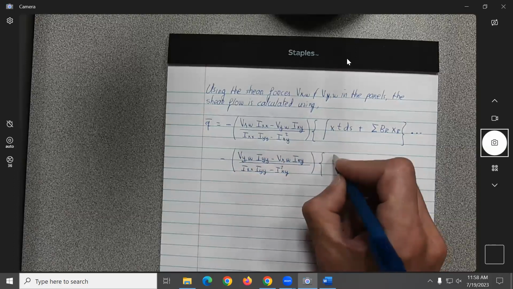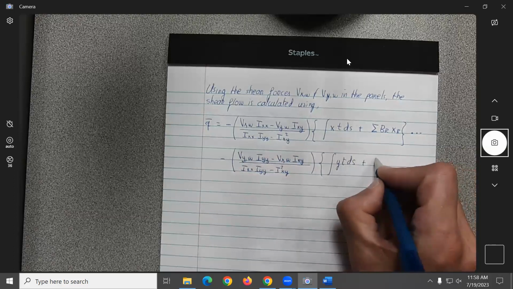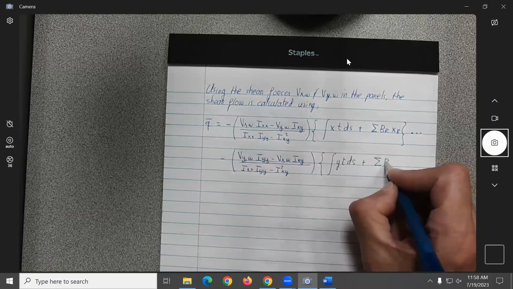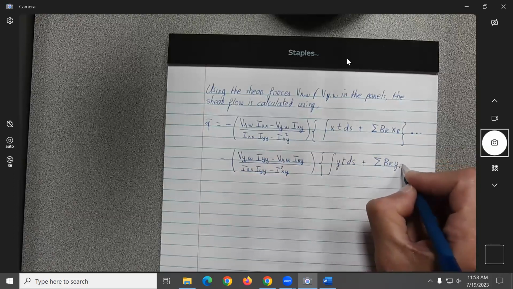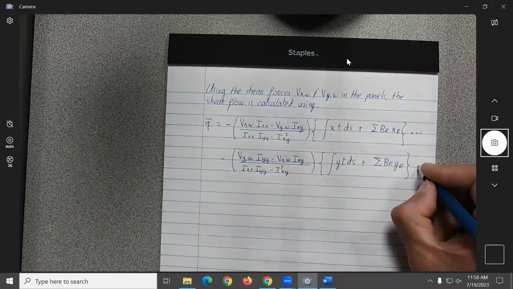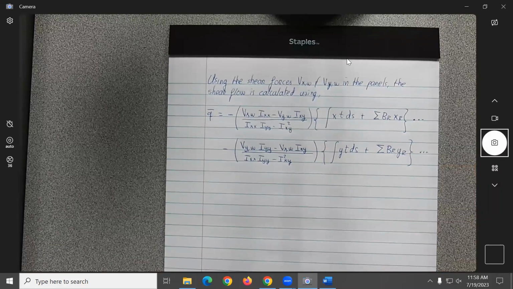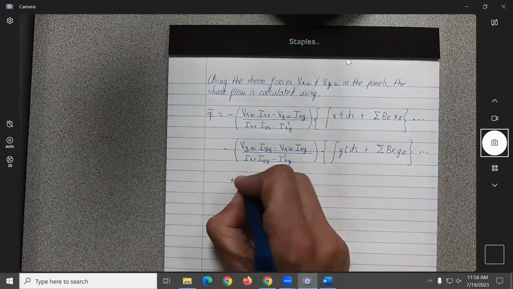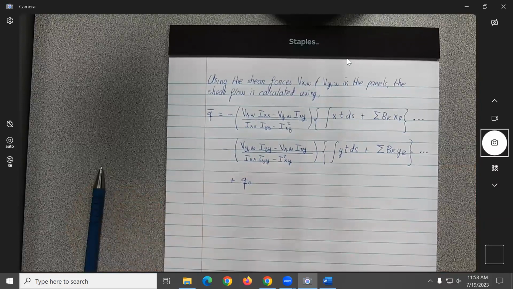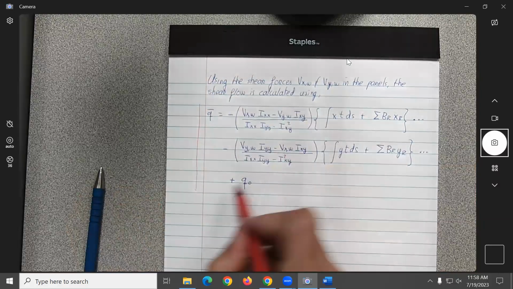And now this should be y t ds plus the summation of the b sub r y sub r, and here I'm going to put plus q sub naught. So remember on the procedures before, so this is the expression we have.